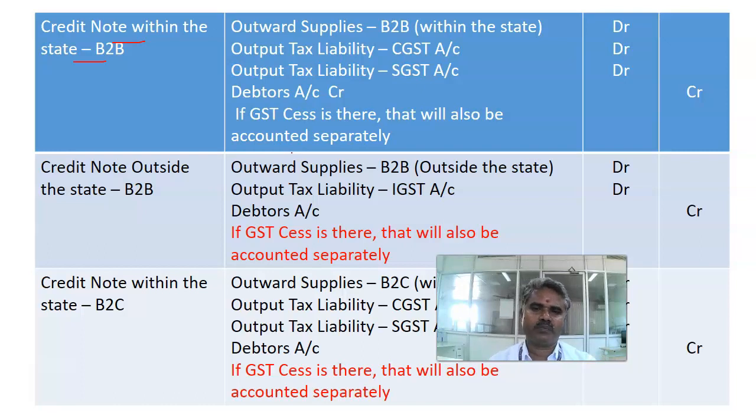So here we have to pass the reverse entry. Outward supplies account debtor, output tax liability CGST, SGST account debtor, then to debtors. Because here the tax liability will be reduced. The burden of tax will reduce. So here we have to adjust, compensate the tax. So the reverse entry will be passed.